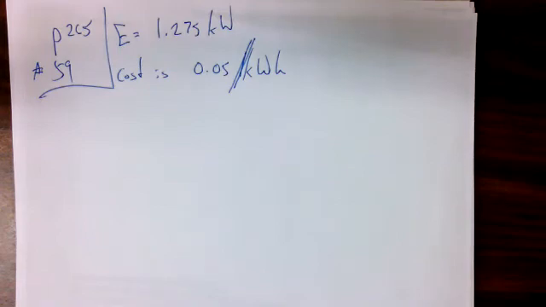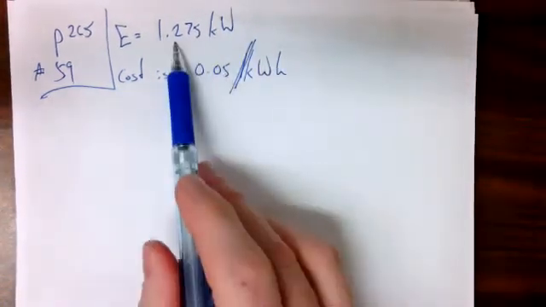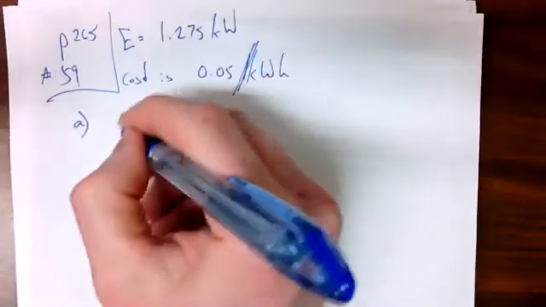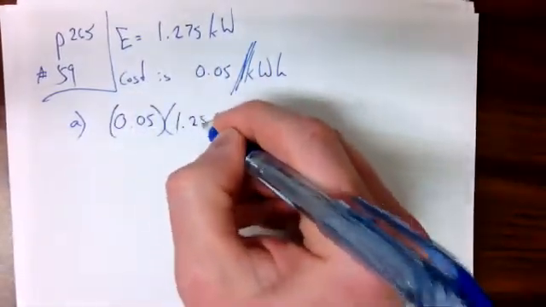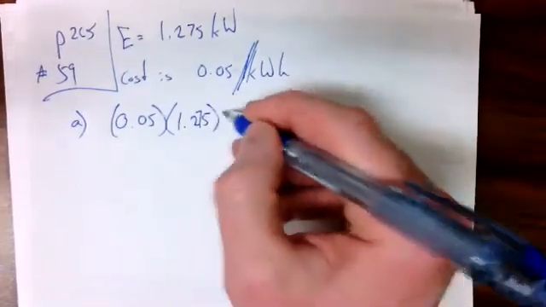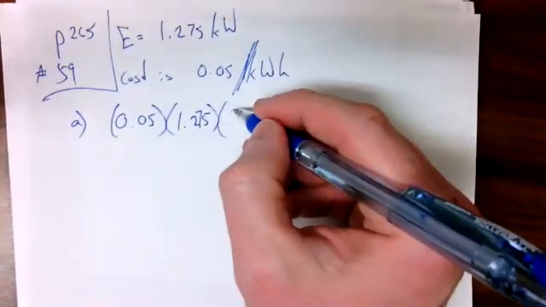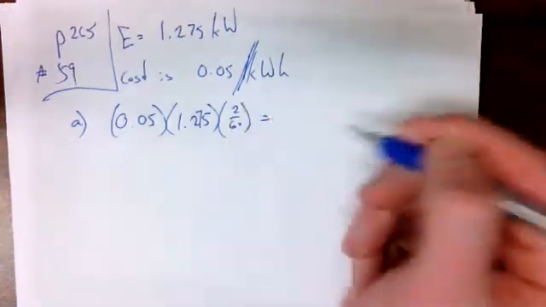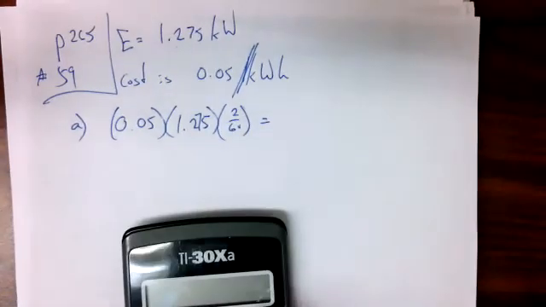Okay, so you can multiply this, and then times the fraction of the hour. So 0.05 for every hour. But this isn't an hour, it's 2 minutes, that's 2 over 60 or 1 over 30. Does that make sense how I did that?